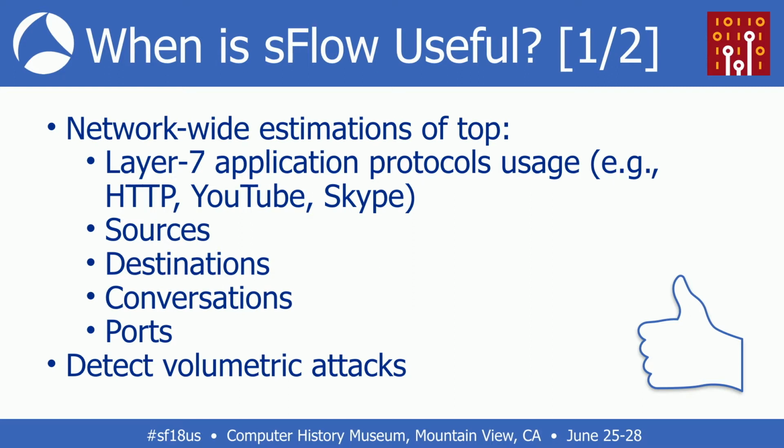The word top here is important because I mentioned that sFlow is a sampling technology, so it picks random samples of the packets that are traversing the switches. So the higher the volume of traffic, the higher the chance of being sampled for a given conversation. So it's good to do estimation of the top talkers.